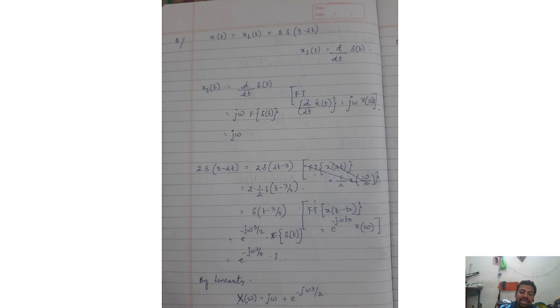So the combined Fourier transform of the signal x(t), X(omega), is equal to j omega plus e to the power of minus j omega into 3 by 2. This is the solution for this problem by using the linearity property.